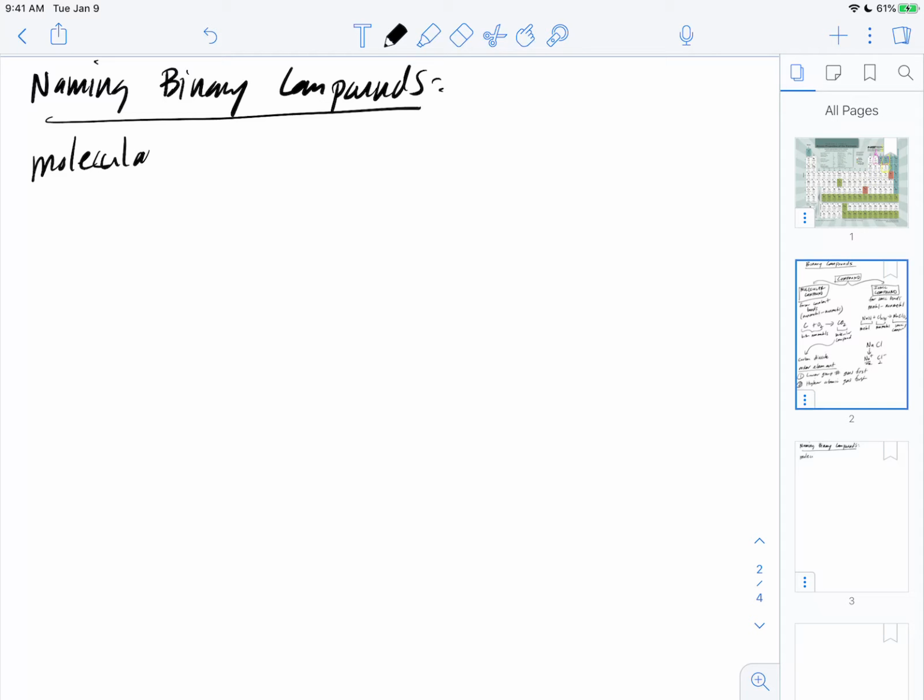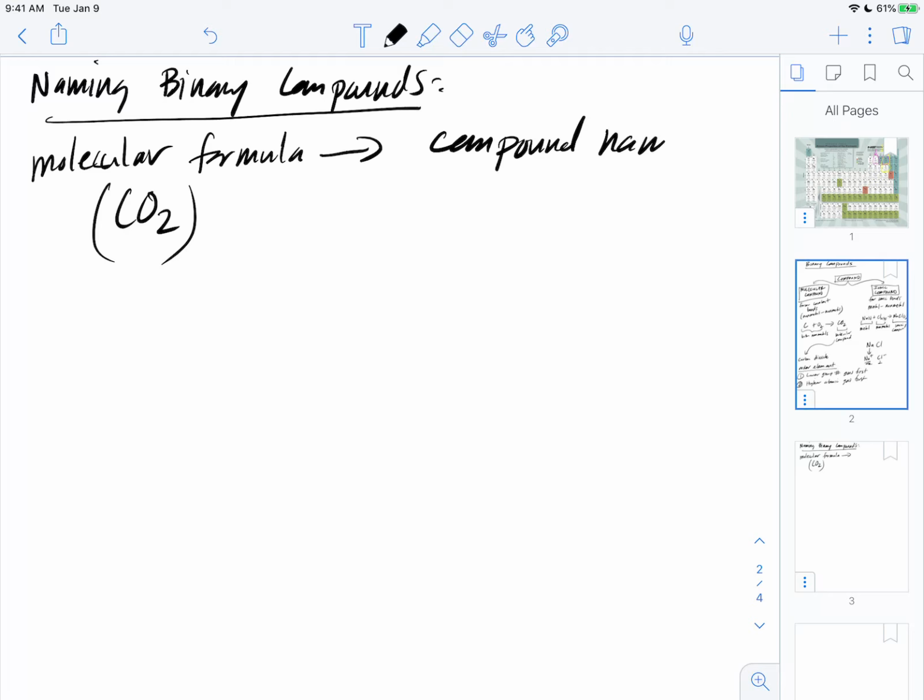One is you're given the molecular formula, so we can use our example of CO2, and you're going to go to what the compound name would be, such as carbon dioxide.